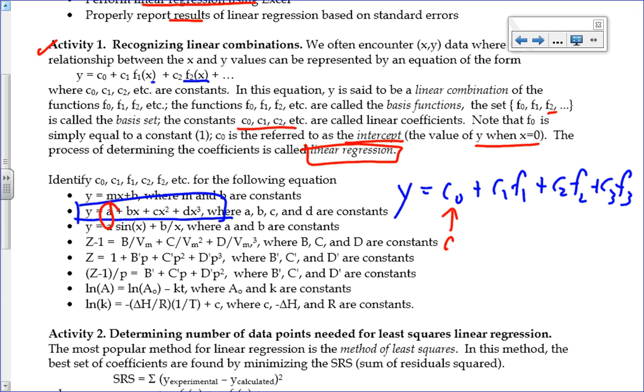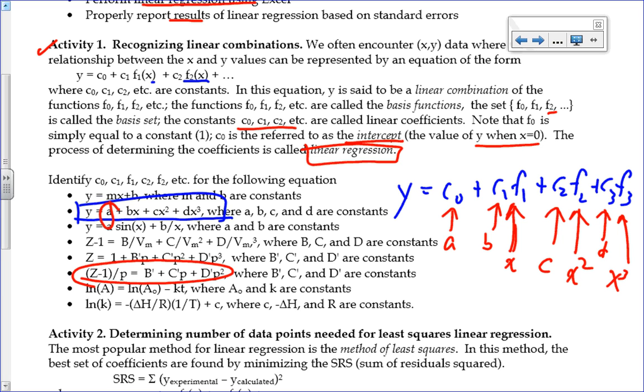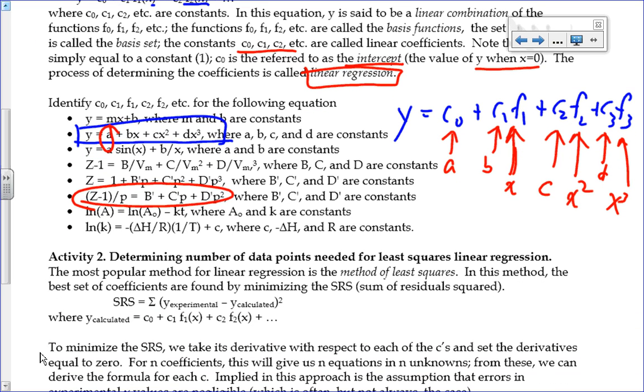So that's your c0. c1 will be b, and f1 of x is x. c2 is c. f2 would be x squared. c3 would be d, and f3 will be x cubed. Okay, let's take a look at one more. Let's try this one right here. The rest of that, you need to finish, and write your answers when you submit this report back to me in Moodle.